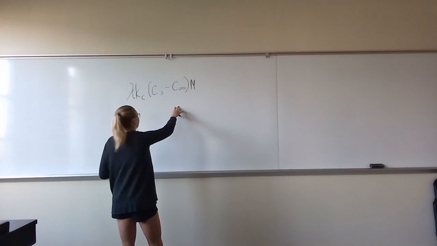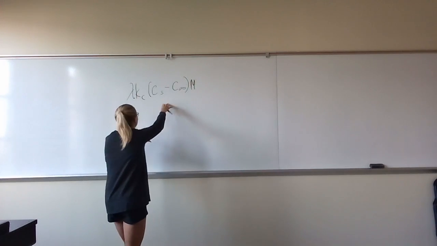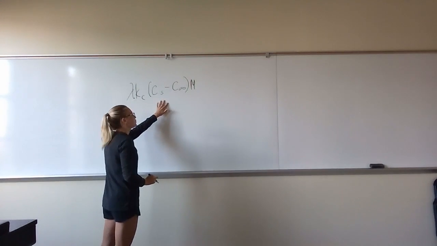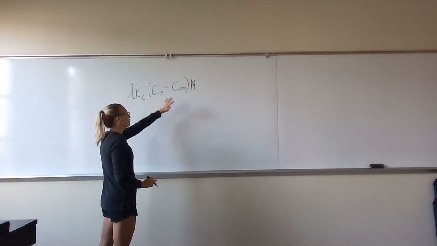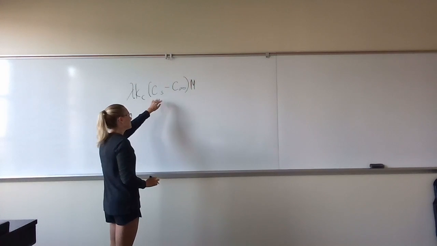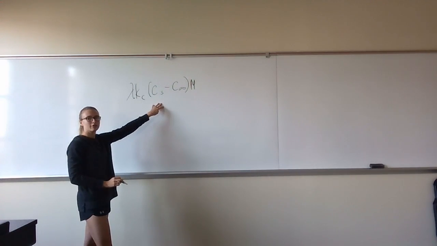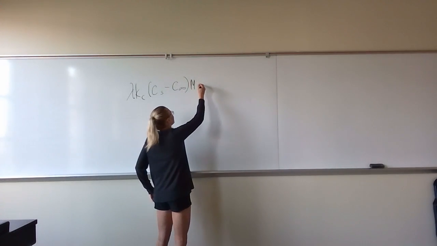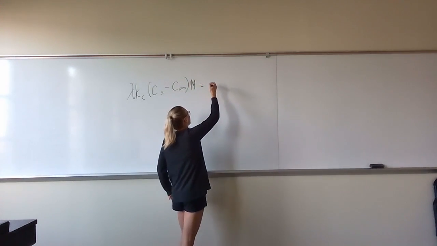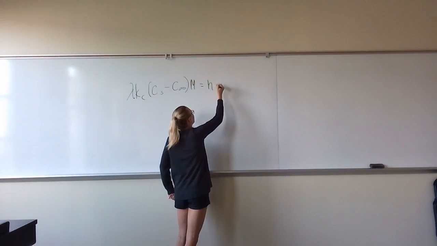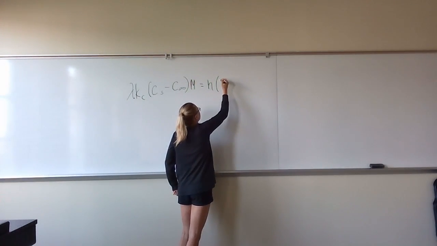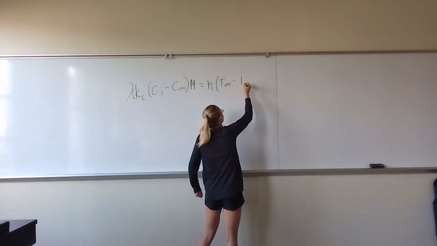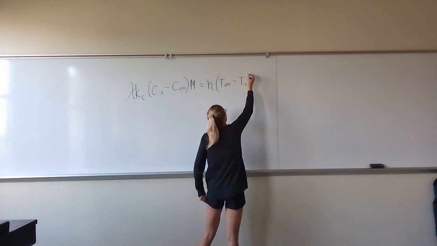Since we have molar concentrations here and we have a mass transfer coefficient here, we need to convert this to mass concentration through molecular weight. So this is the rate of enthalpy loss from the wet bulb thermometer, and this is equal to the heat transfer from the air far away from the wet bulb thermometer to the surface of the wet bulb thermometer.